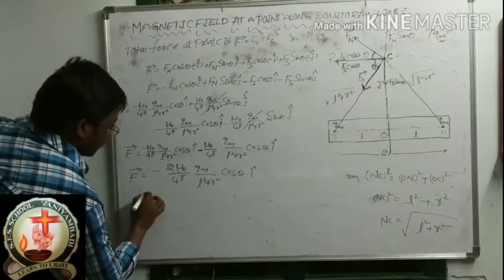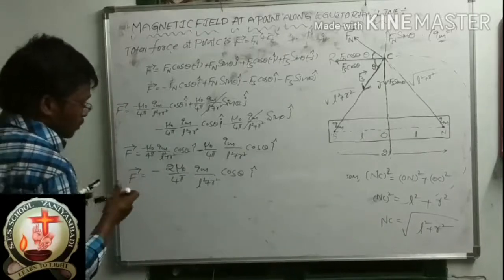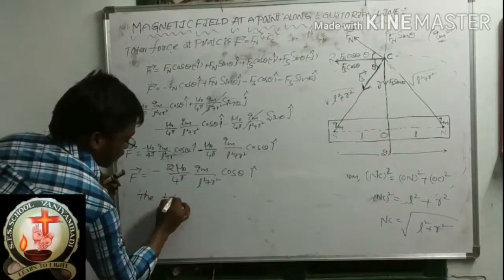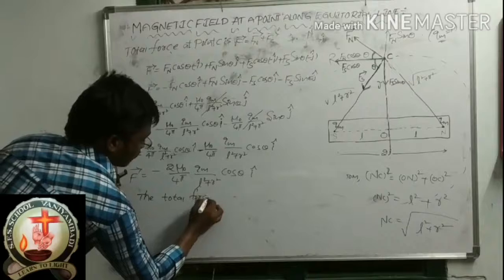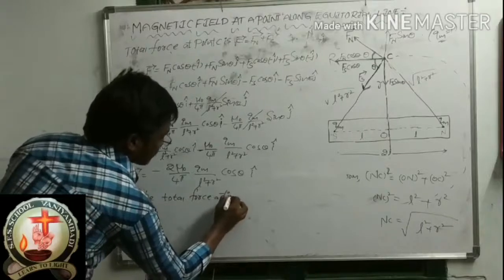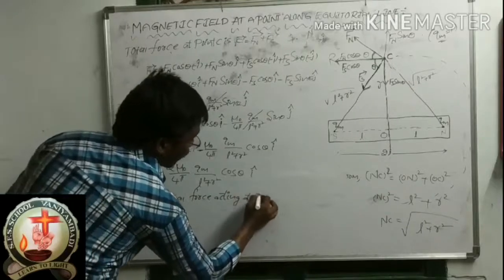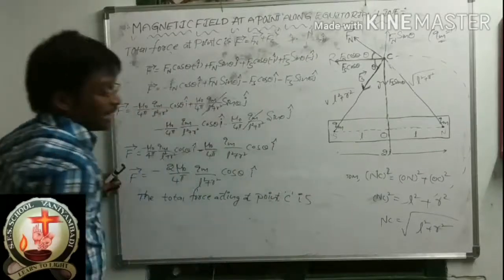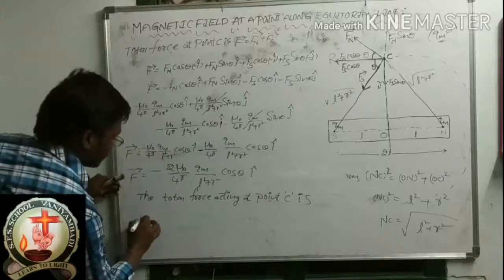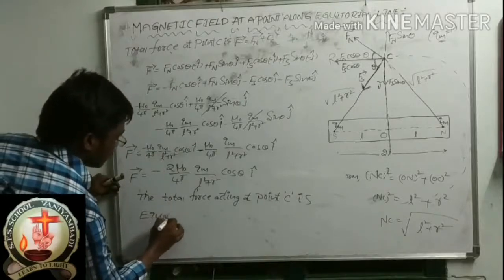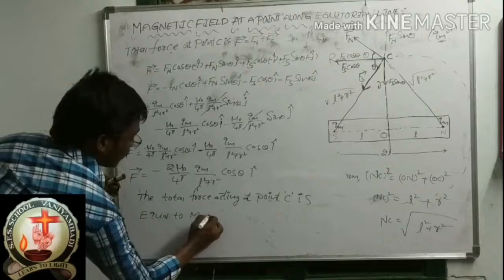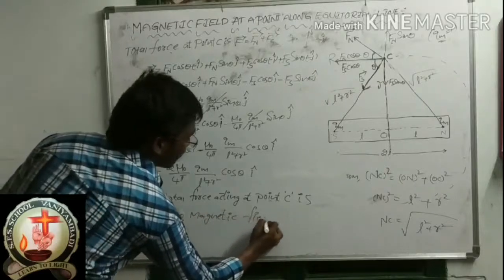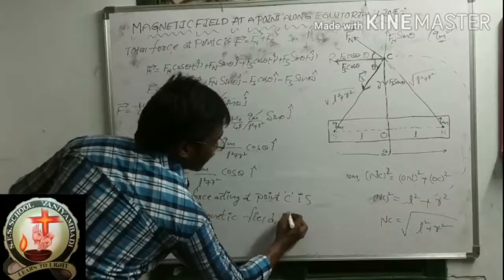The total force acting at point C is equal to magnetic field.